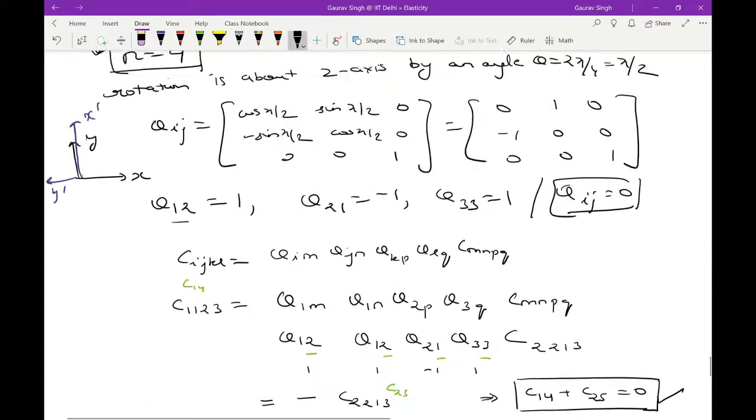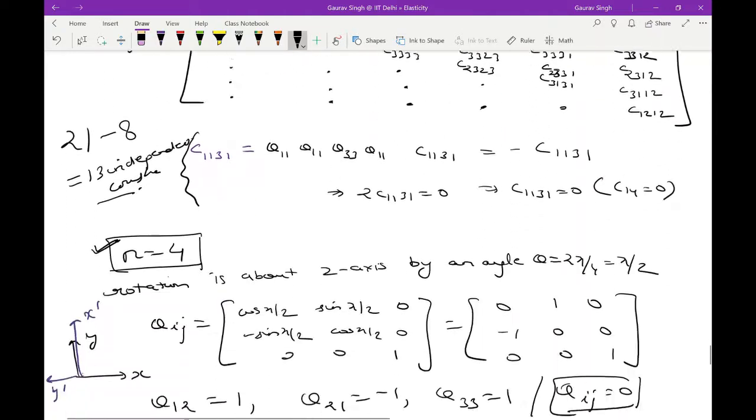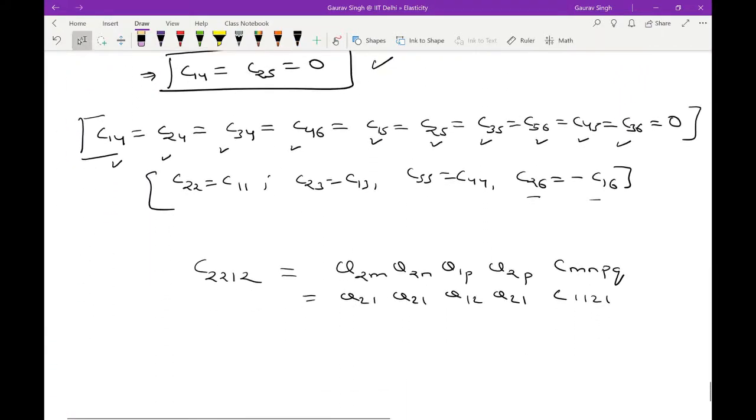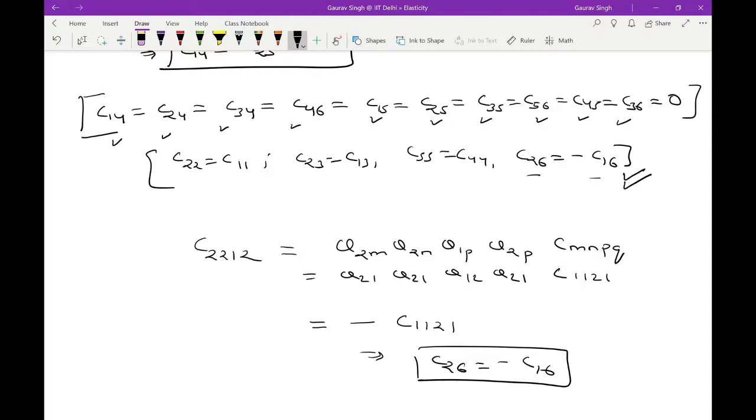So 1121 is this value, right? Because this is equal to C1121 because of the symmetry of the KL and LK. So C16. So this would be equal to minus of C1121, or C26 is equal to minus C16. Okay, so this is this particular property.